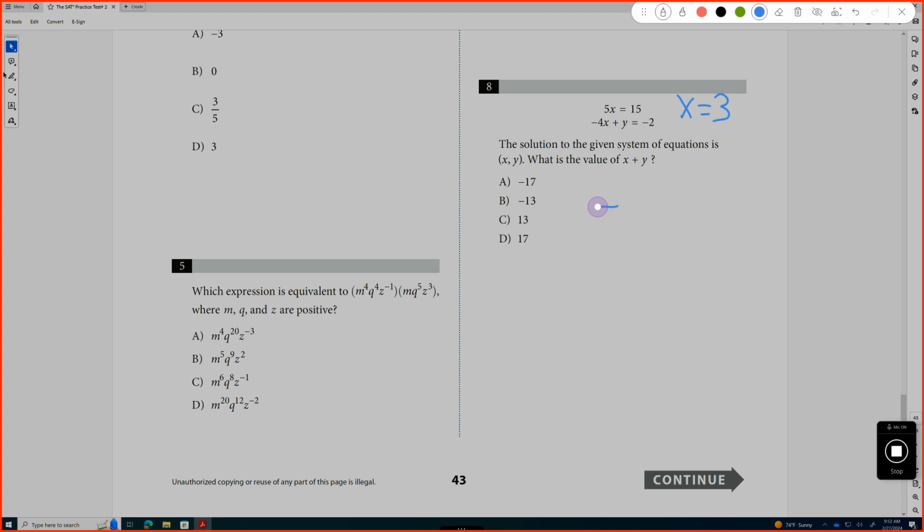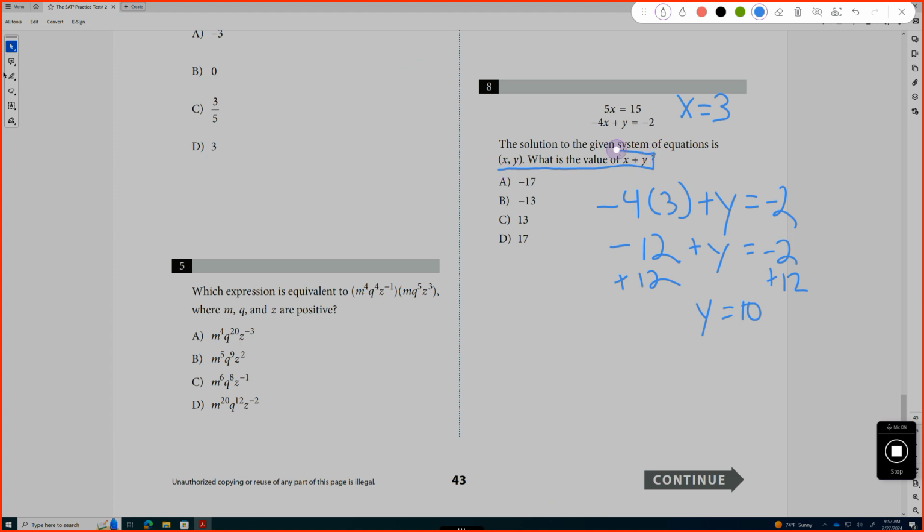So let me substitute 3 for x in the second equation to find y. So negative 12 plus y equals negative 2. Adding 12 to both sides, and y is 10.